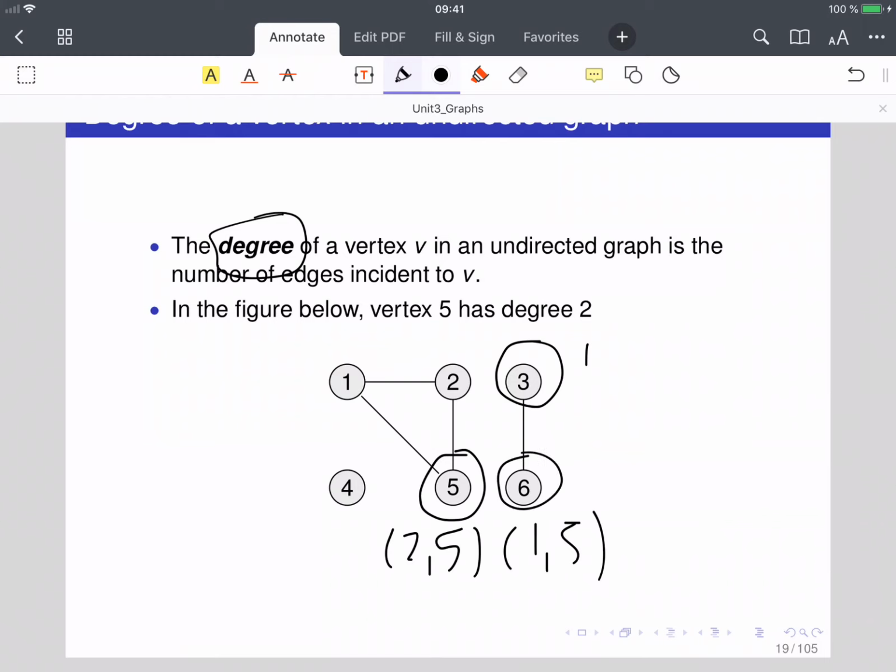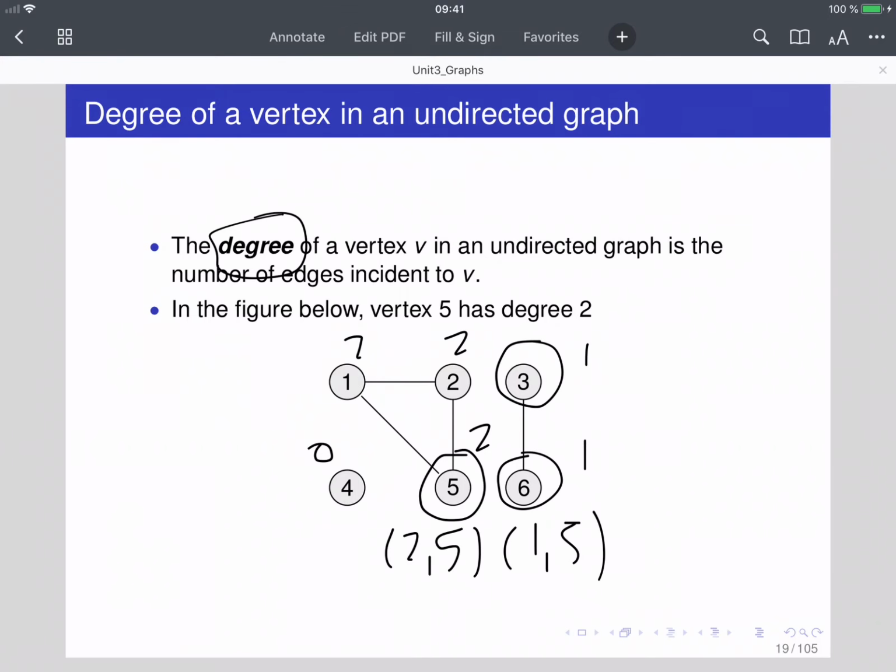Again 6 has degree 1, 5 has degree 2, as we have already mentioned, 2 has degree 2, 1 has degree 2, and 4 has degree 0. So it is the number of edges that connect to the vertex or are incident to the vertex.